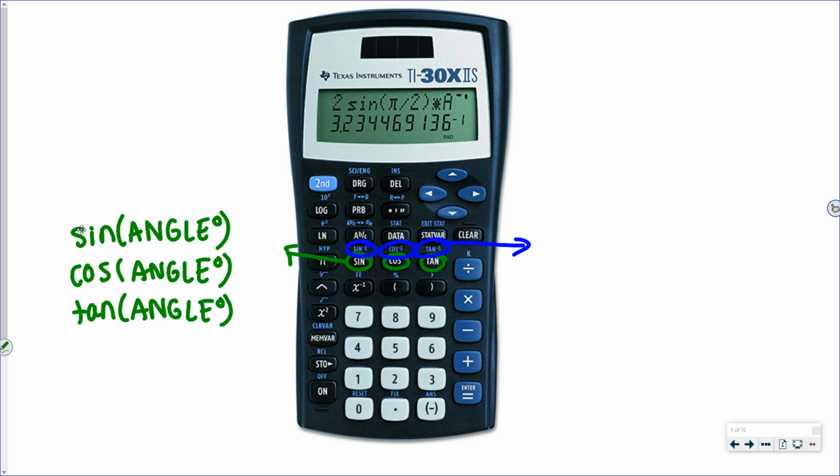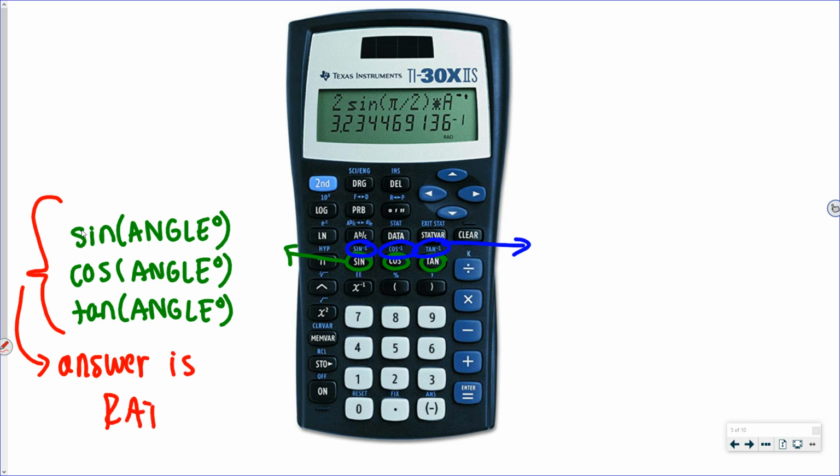But what I want you to know is the number that your calculator is giving out to you, the answer, it is the ratio. So if I'm talking about sine, and I take the sine of 15 degrees, it's going to give me out the ratio of the opposite side to the hypotenuse, but it's going to do it in decimal form.